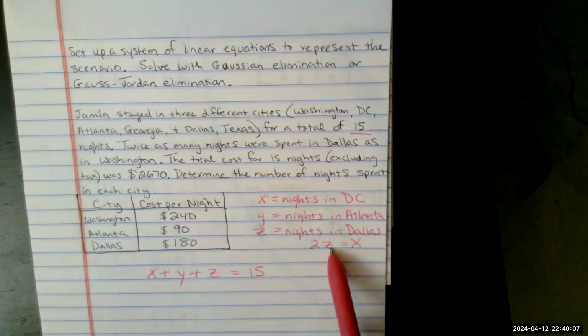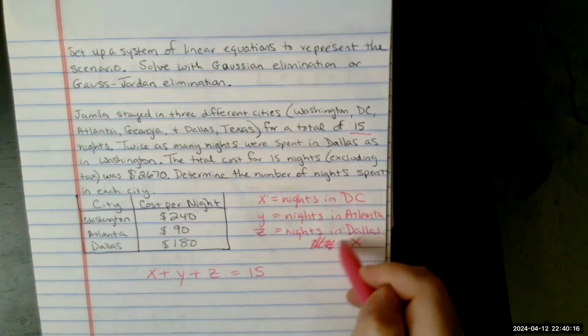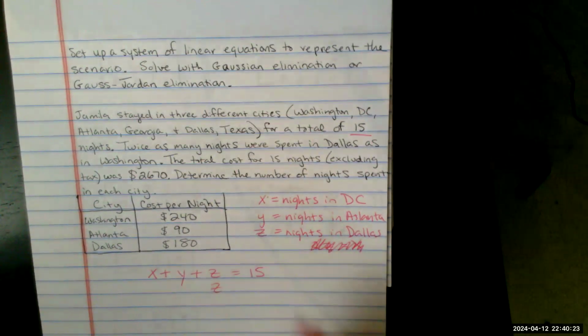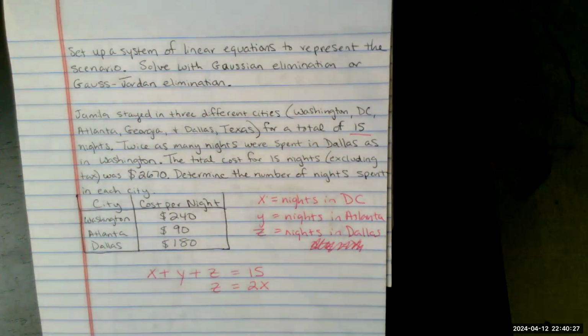So if we're taking that larger number and multiplying it by 2, how is that possibly going to equal the one that was less than it anyway? If it says twice something equals something else, it's actually the something else you need to multiply by 2. So Z is equal to twice the number of nights in DC. So maybe read that, think about it again, but a lot of people mess this up and I understand why. If you think about it, doing it the other way doesn't make sense.